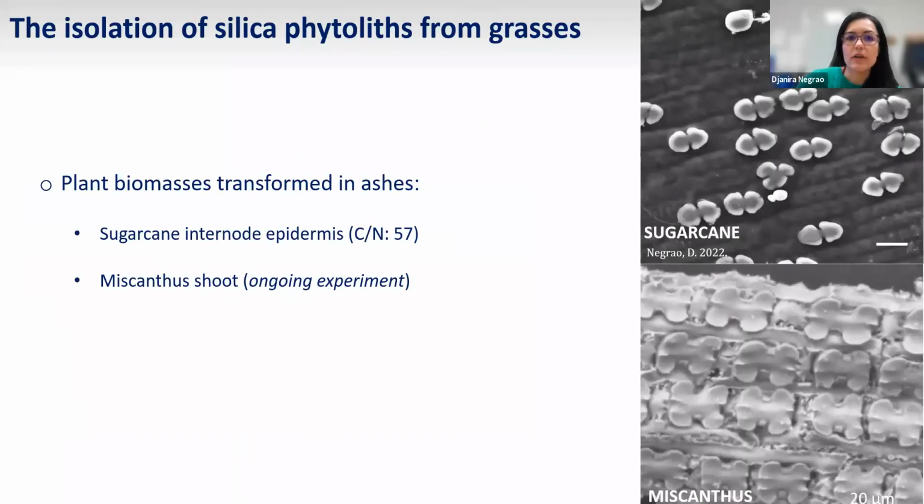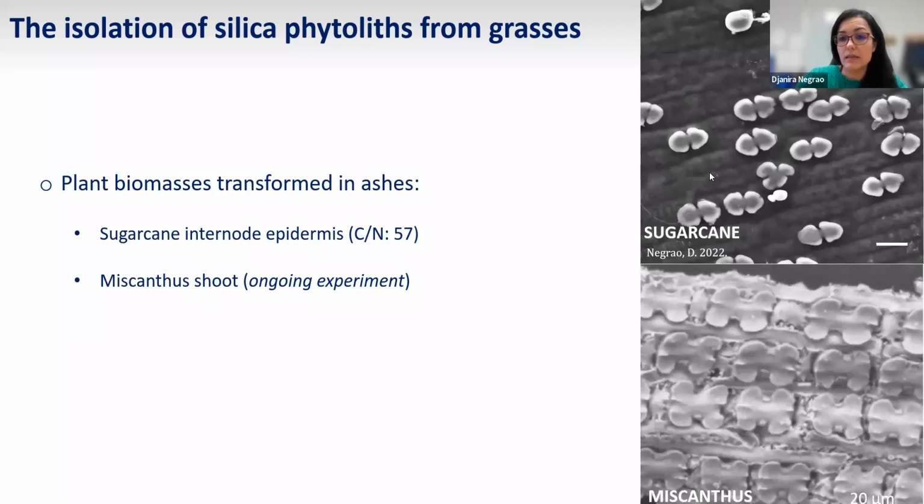To isolate phytoliths, we also burn the biomass. This is sugarcane epidermis internode, where we can find these little guys here, which are phytoliths. They keep quite well after burning this material at roughly 600 degrees Celsius.